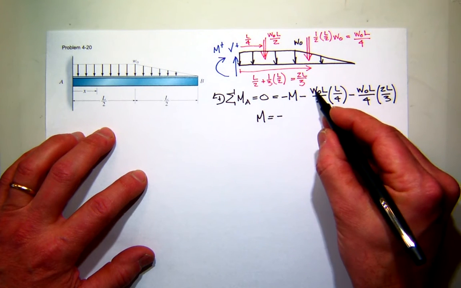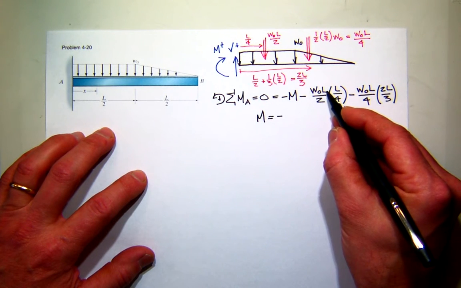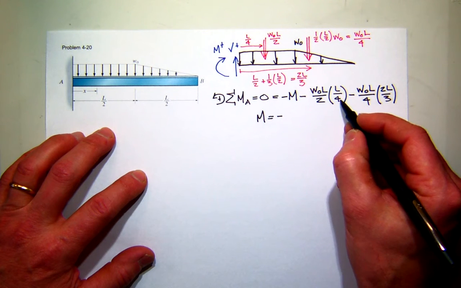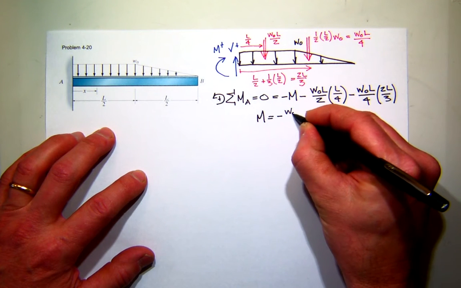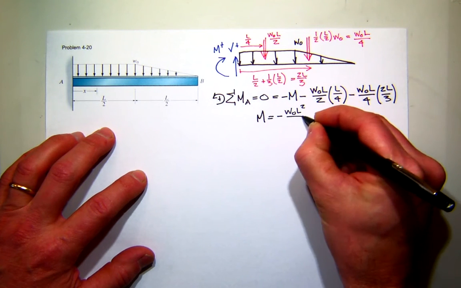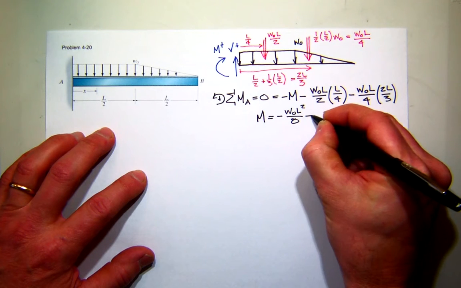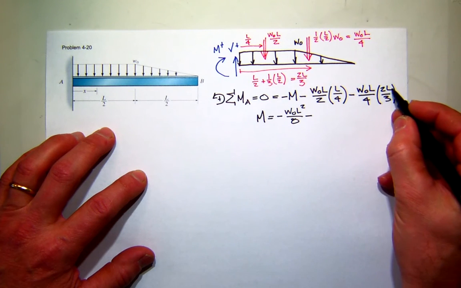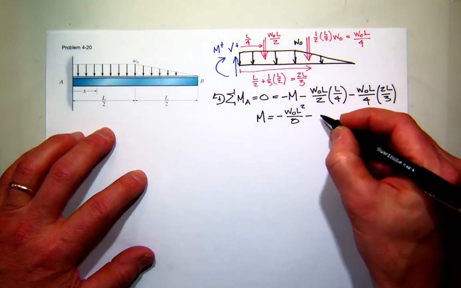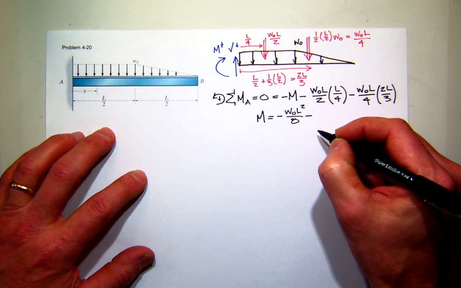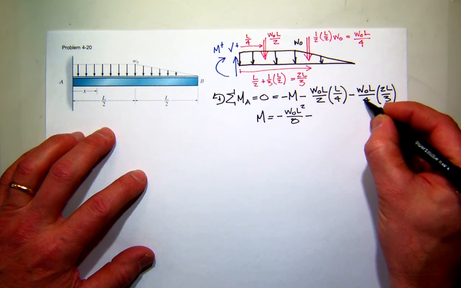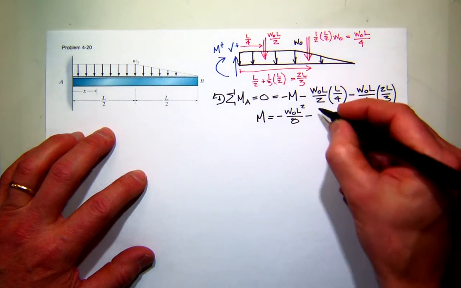So this first one is W naught L squared over 8, minus W naught L squared over 6, right? This 2 cancels here, and I get a 2 in the denominator, 2 times 6.